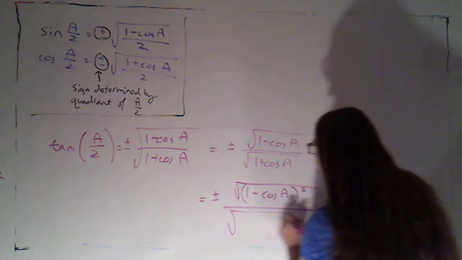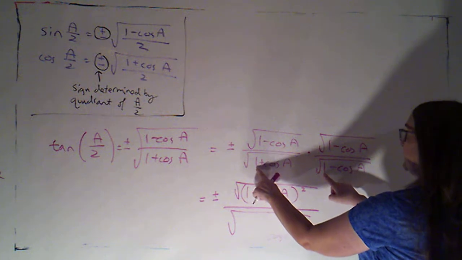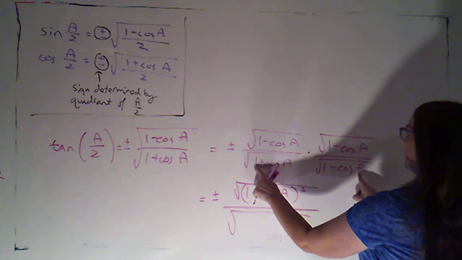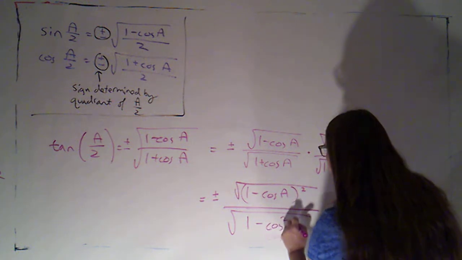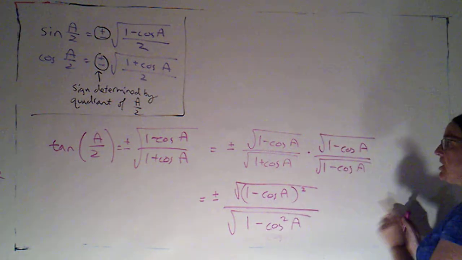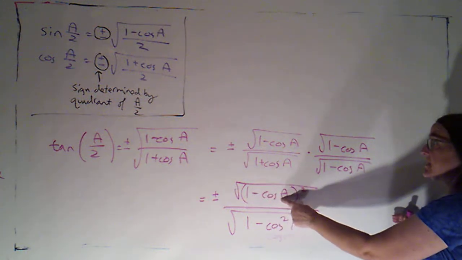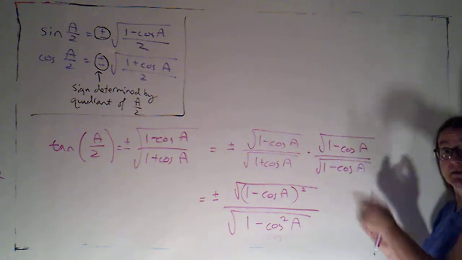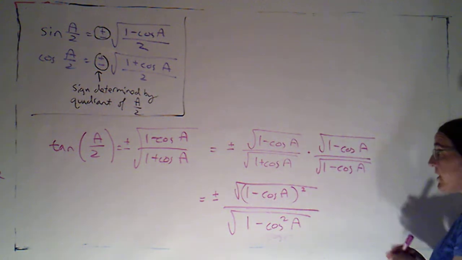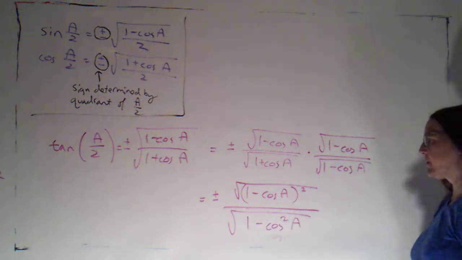On the bottom, I'm going to get the square root of 1, the outsides and insides cancel, minus cosine squared A. Notice the difference. On top, I'm subtracting 1 minus cosine of A and squaring that, because I've just got two factors of that subtraction. On bottom, I'm squaring cosine of A and then subtracting that from 1.